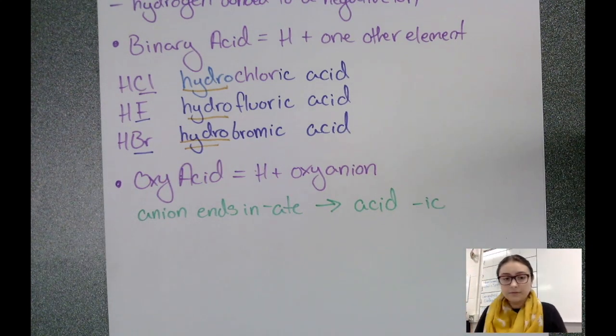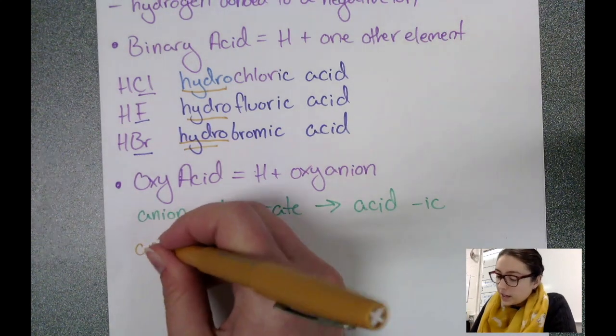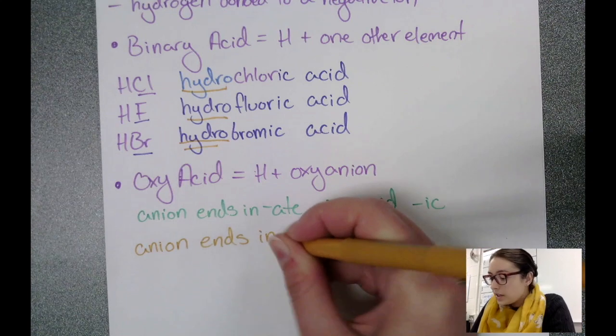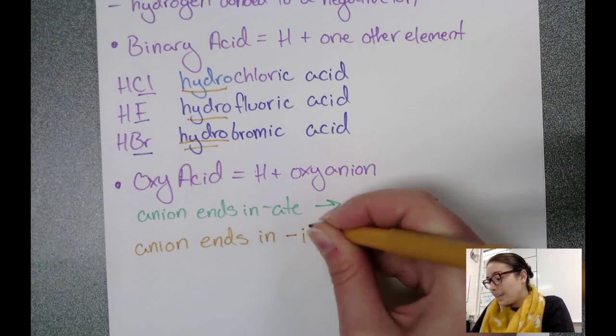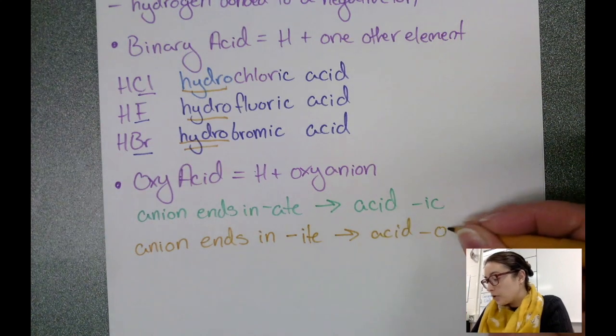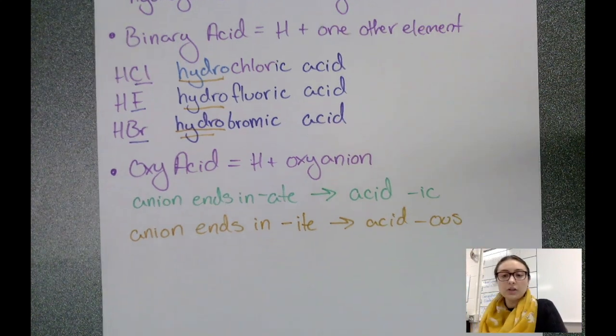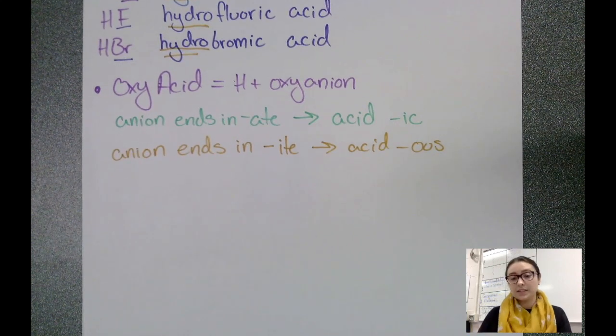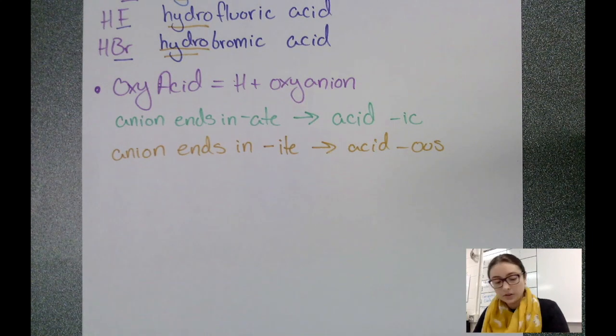If the anion, on the other hand, ends with the suffix ite, then the acid is going to have the suffix OUS. So you just need to look at the ending of the anion to know what the acid's ending is going to be. So let's look at some examples here.